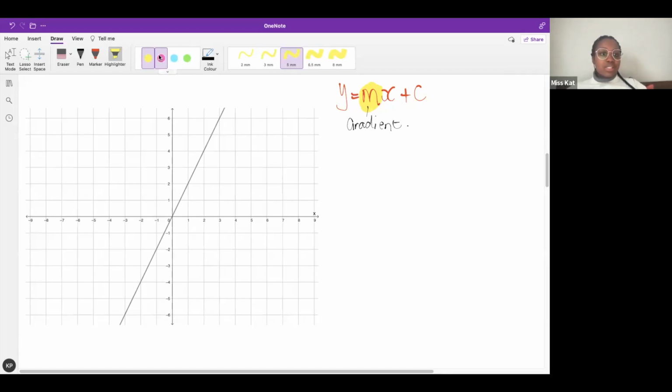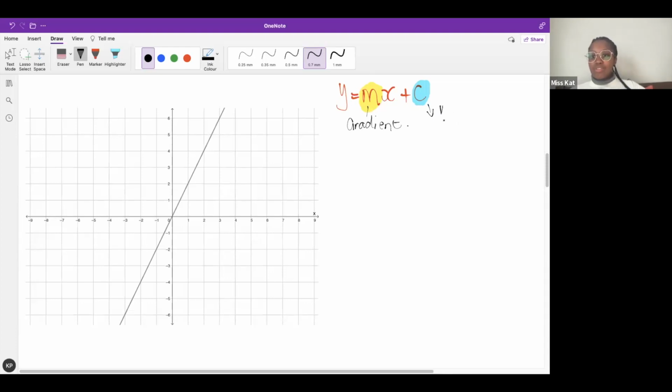And we can work out c in 2 ways. Who remembers what the 2 ways to work out c are? Yes, Umpile. It's the intercept. Which intercept? It's a specific one. It's the y-intercept.